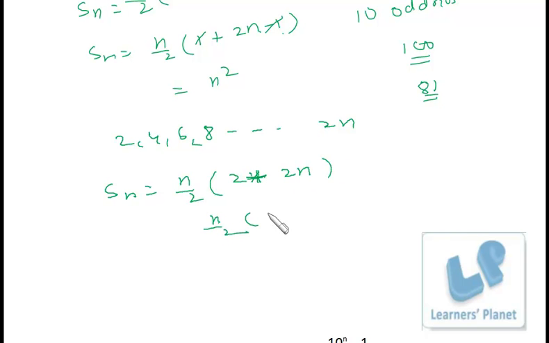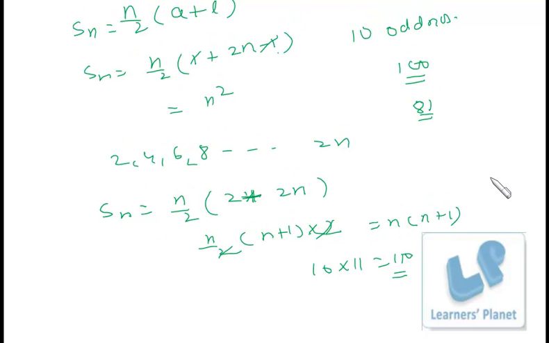So it's n by 2 into (2n plus 2), that is n into (n plus 1). So the sum of the first n even numbers is given by n(n plus 1). If you have to find the sum of the first 10 even numbers, it will be 10 into 11, 110. So that's pretty simple.